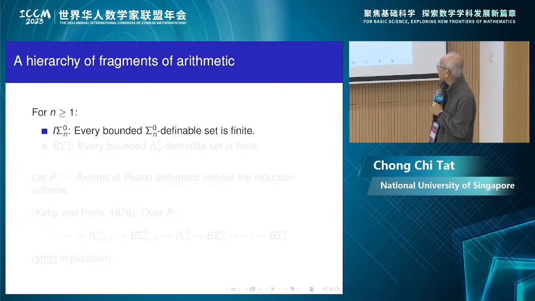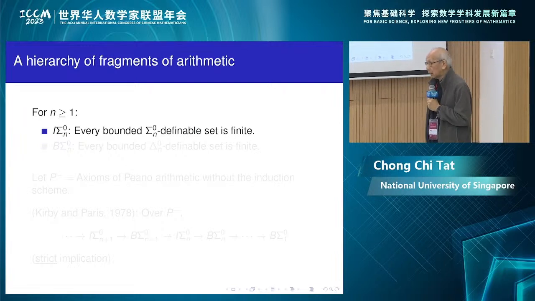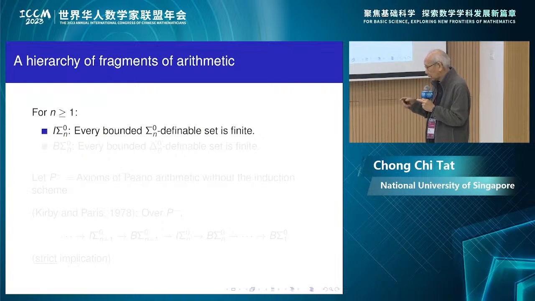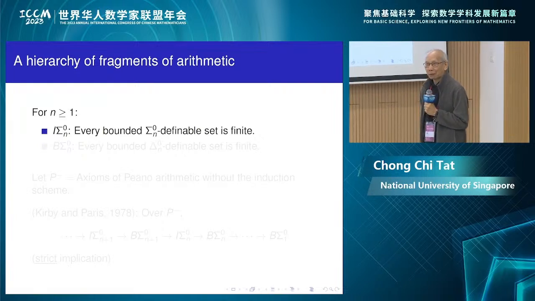And the other part, which is very, very important in Peano arithmetic, is the axiom of mathematical induction, which we all study in schools. So by fragments of Peano arithmetic, we mean in particular that we restrict the strength of mathematical induction, because in general, when we talk about mathematical induction, we are talking about any statement about numbers.